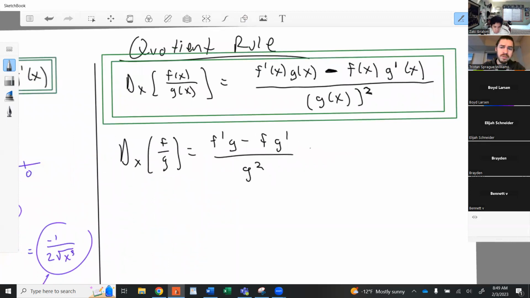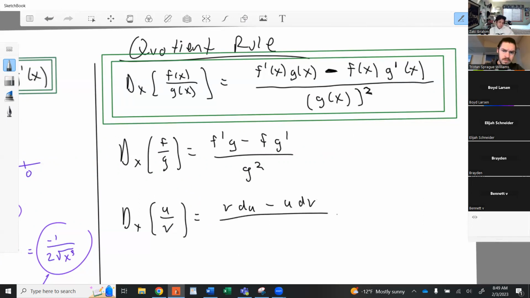There's also versions of this. Sometimes you'll see differentiation rules written out in terms of u's and v's instead of f and g. Instead of using function names, you'll see variable names.